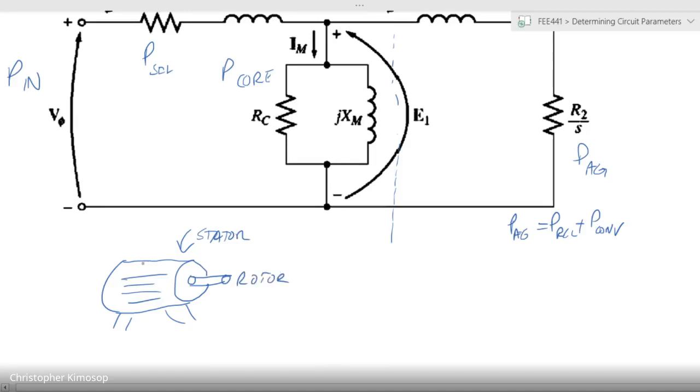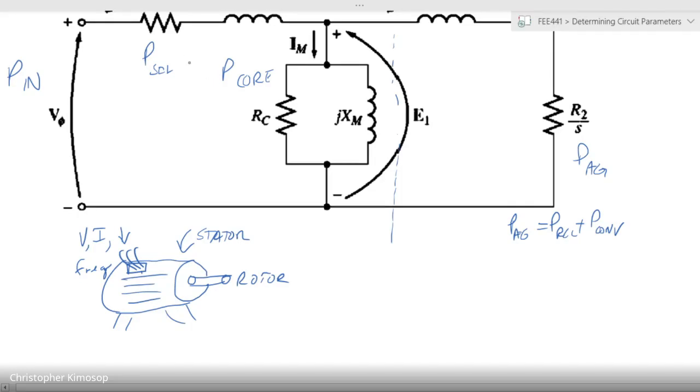The only connection that you would have to this device is through your power input, or your voltage input, right? We can assume that you can measure the voltage, the current, the frequency at this point, right? Those are the main elements that you can look at if you have a physical motor.